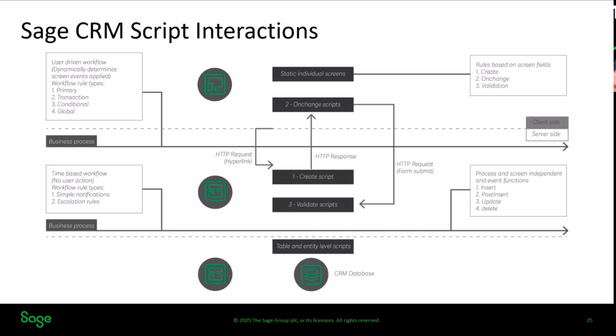Table level scripts fire at the level of the record. So this is after all of the interface, it's down in the server. Table level scripts are executed within the server, and it raises the problem of, is there a way of distinguishing between a record being updated via the mobile device or the record being updated in the main interface?